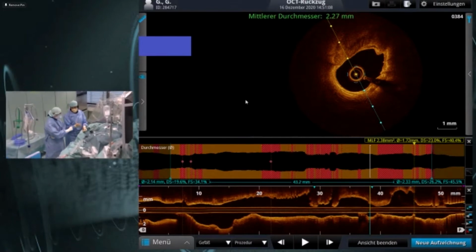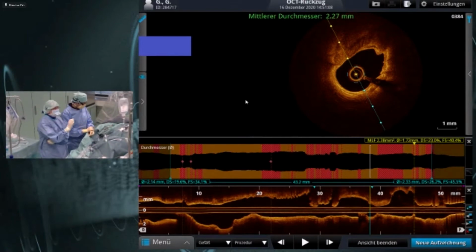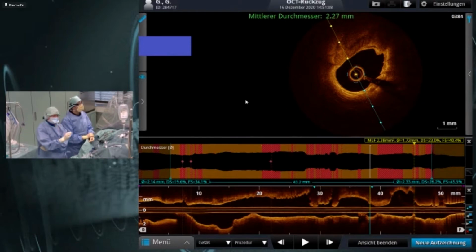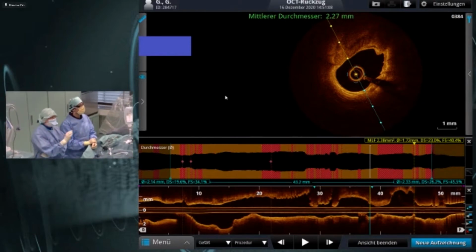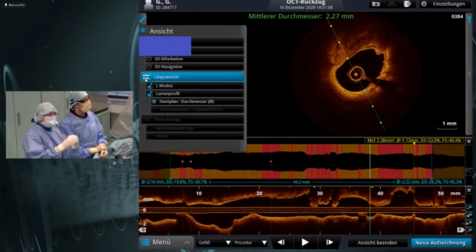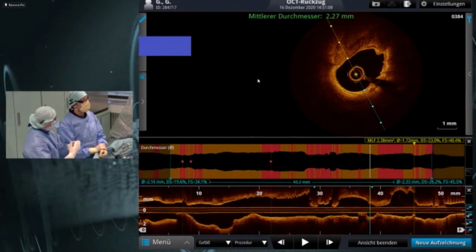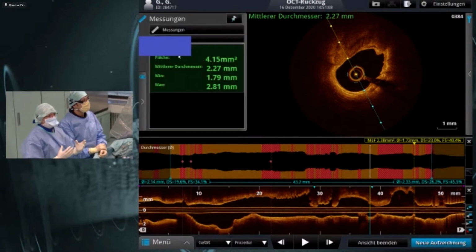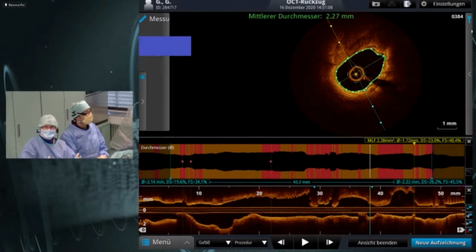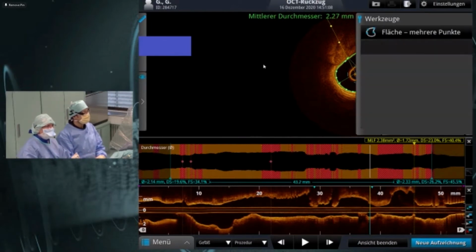Marek, Candice, or definitely Holger, we discussed this point, and even with a 2.0 burr, we could maybe partially ablate the plaque, but not sufficiently. So that is our experience. Now, what is the next point?